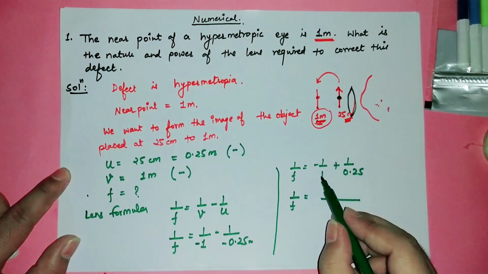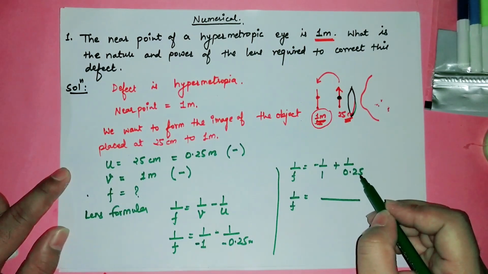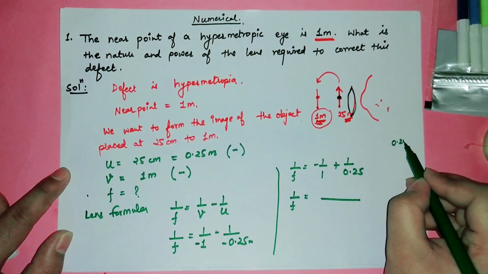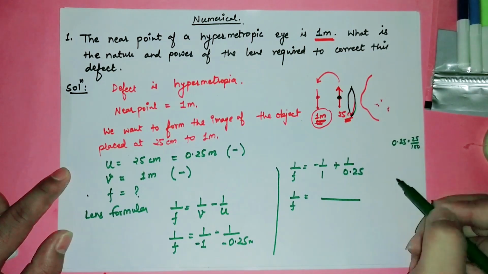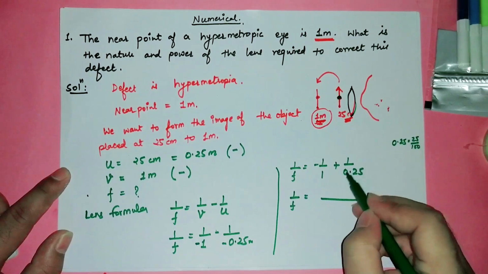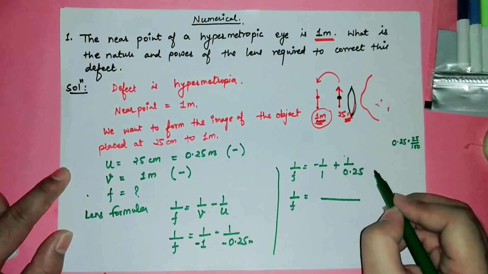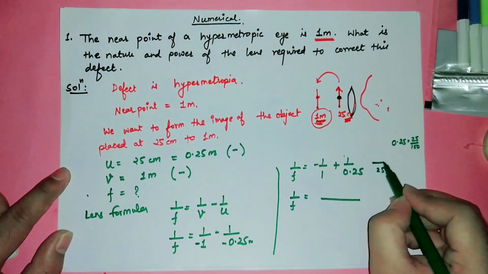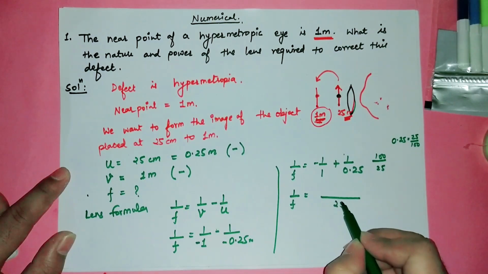What will be the LCM of 1 and 0.25? 0.25 can be written as 25 by 100. So what will be the LCM? LCM will be 25.